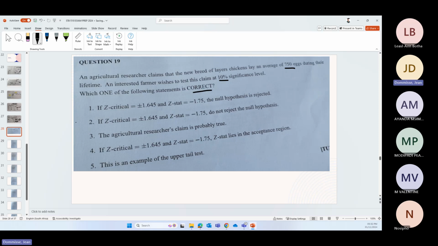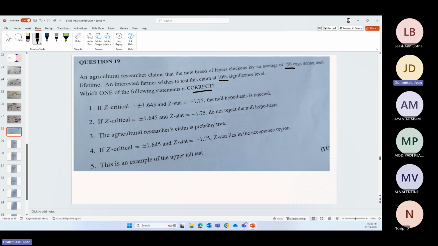Okay, so we are being asked to say if Z critical is equal to 1,645 and Z stat is minus 1,75, no, the null hypothesis is rejected.